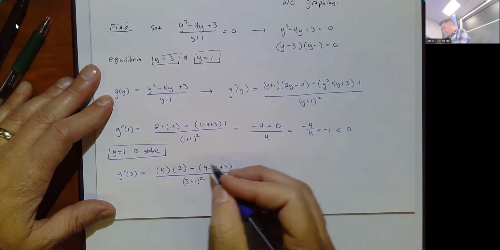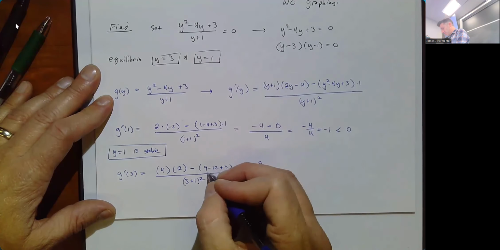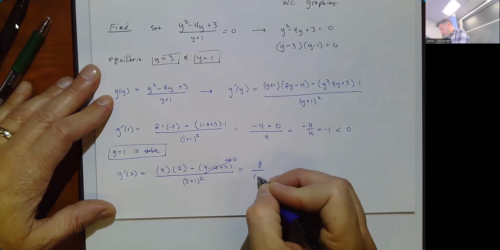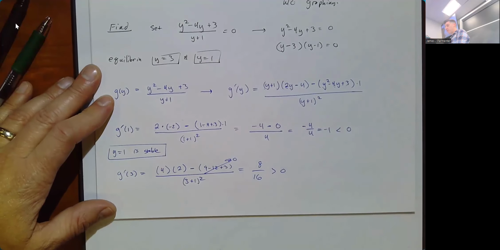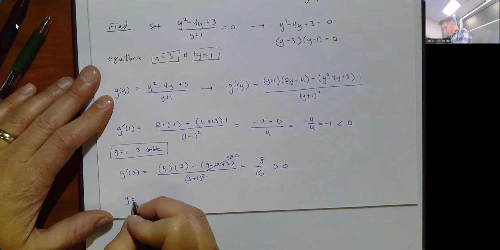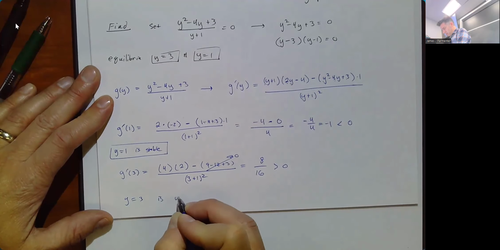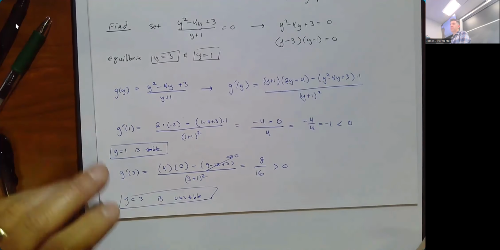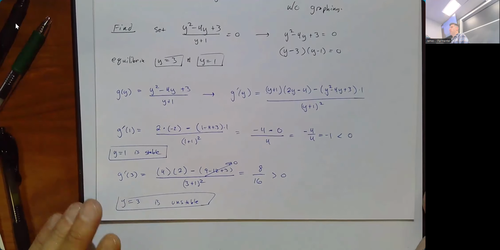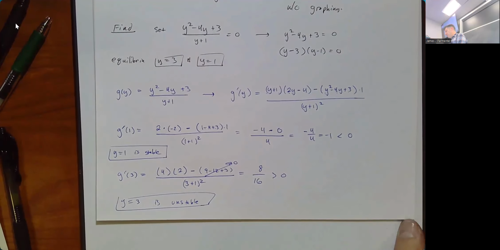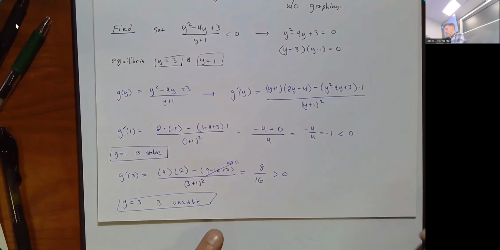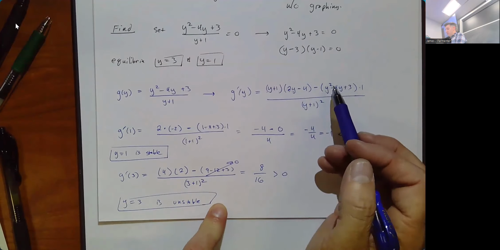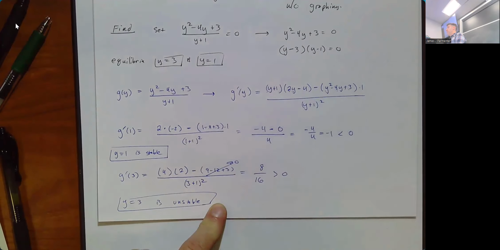So we have a positive number over a positive number, that's positive, which means y equals 3 is unstable. So that was the gist of this problem. And in retrospect, I think it's probably easier to not try and simplify this numerator if we know we're just going to have to plug in a couple values for y.